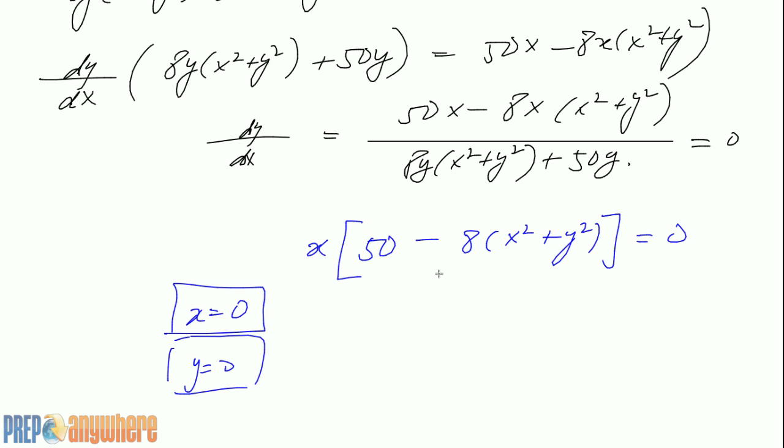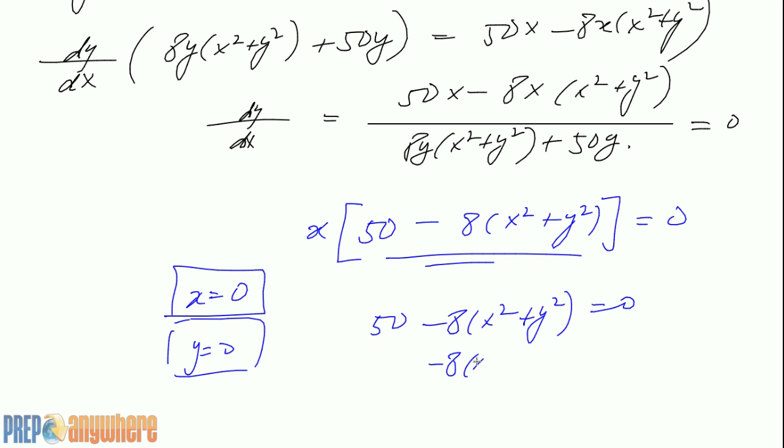Now let's set this other part right here equal to 0 too. Then we get this. So you get x squared plus y squared is equal to 50 over 8, which is 25 over 4.